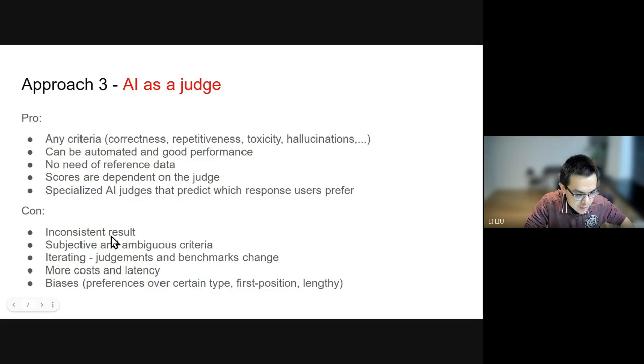Another con here is more cost and latency, because you are calling more APIs. In terms of latency, usually you don't need to do that before showing the result to the final users if it's not necessary. But if it's necessary, then there will be some latency in the system as well.